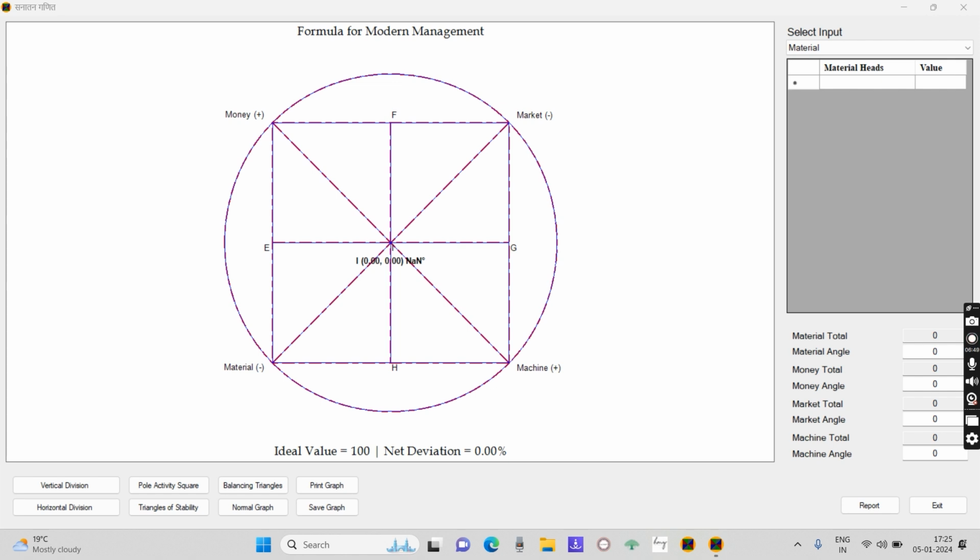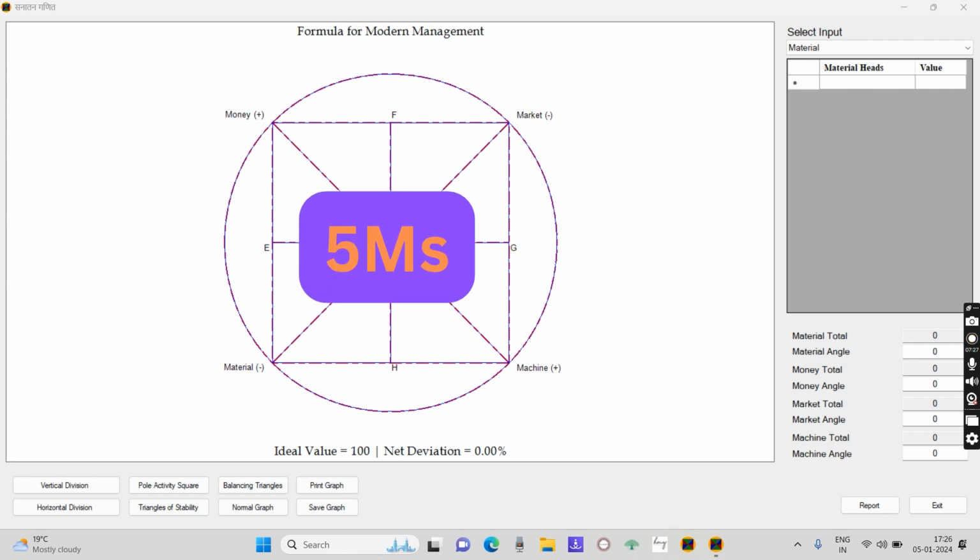It depends what kind of ROI, that is return on investment, we are going to get from the investment we propose to do. So from the stage of preparation of the project report, every entrepreneur has to see the strength and weakness of all the factors, or 5M, of management.